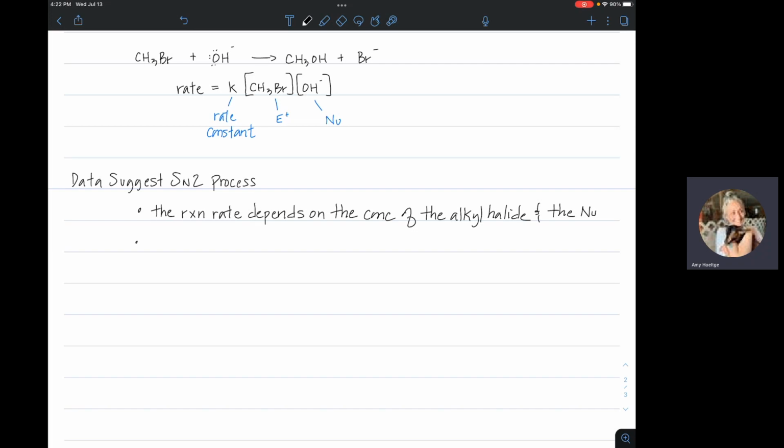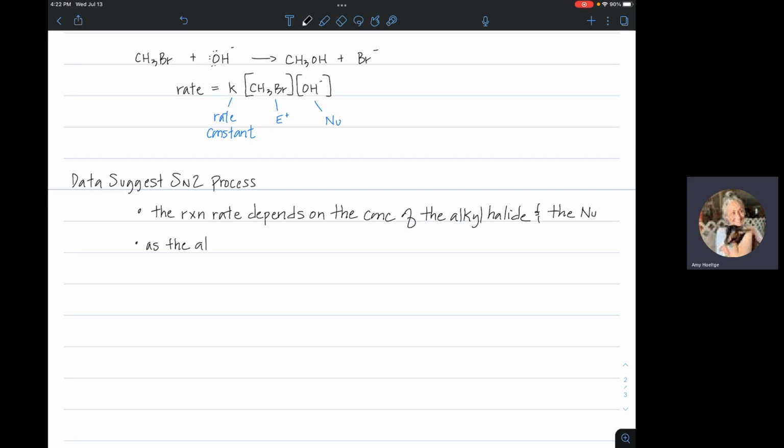And the other thing that we find experimentally is that as the alkyl group on the electrophile gets bigger, or bulkier, the reaction rate slows down.